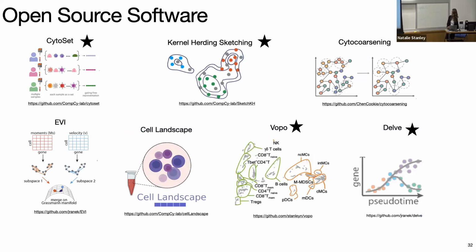Just to summarize, I talked about a lot of different applications and featurization approaches, but I wanted to conclude by saying that everything I talked about, and more, we have open source software for. All of this is on my website. The methods I talked about today were Cytoset, kernel herding, sketching, VOPO, which was our coarse feature engineering approach, and DELV, which is our dynamic trajectory inference feature selection approach.